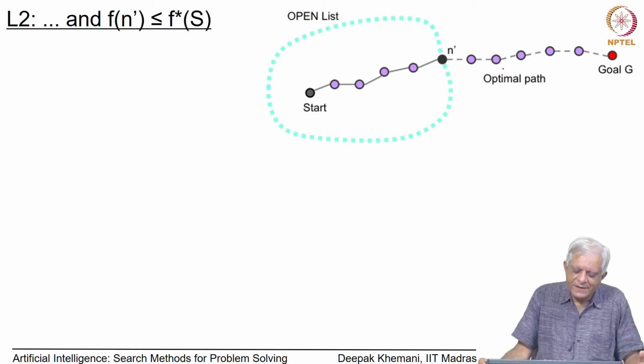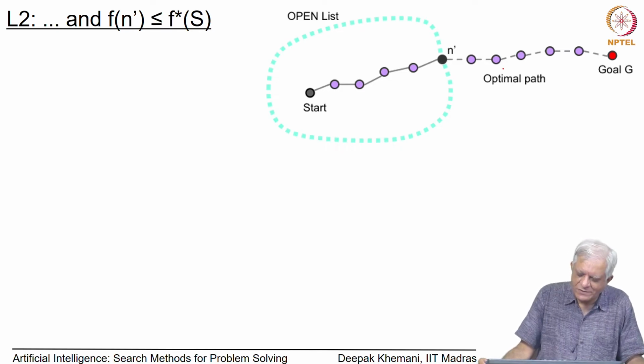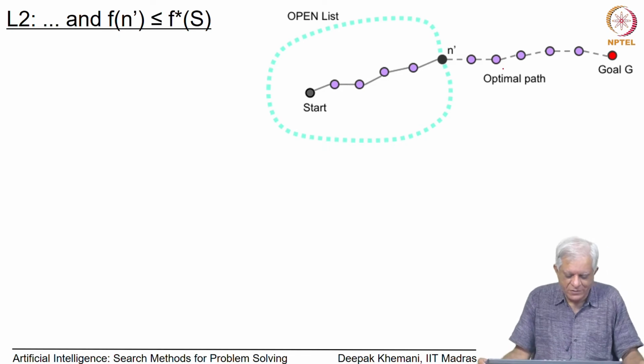It says that it is the optimal cost of a path which goes from start to goal passing via the node start. So, of course, it begins with the node start. So, it holds true for that. So, f star of s is the optimal cost, and we will use this term to denote the optimal cost.